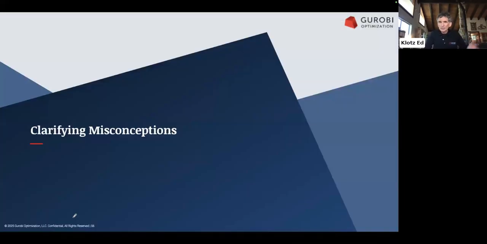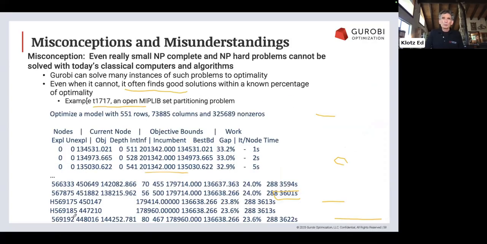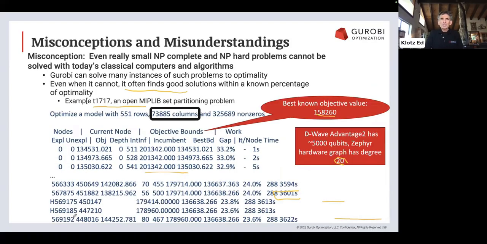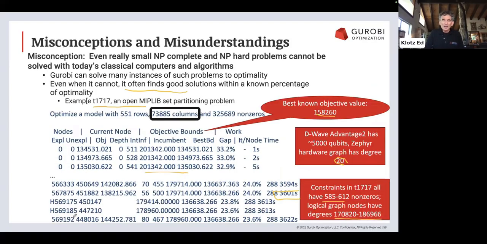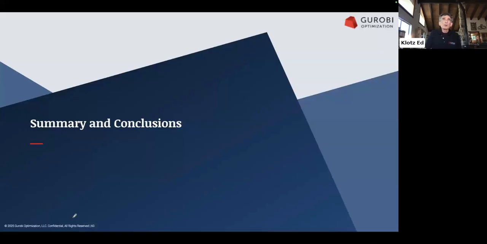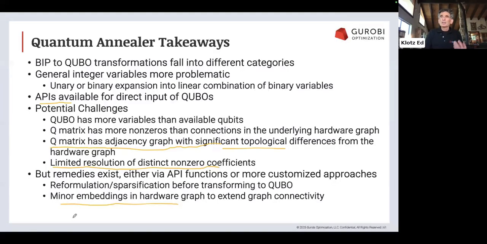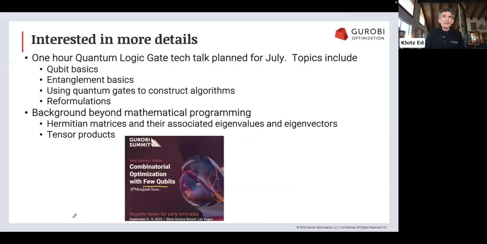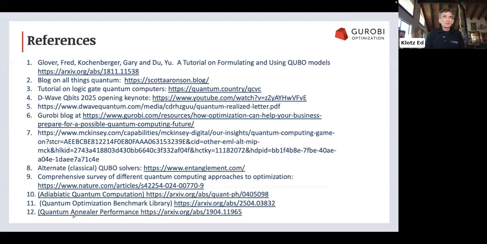So that's the sort of deeper dive into the embedding process. And that also explains why you have annealers with 5,000 qubits, but the size of the model you can actually solve on them is significantly less. So with that, I'll open it up to final questions and any final comments from Malahay.